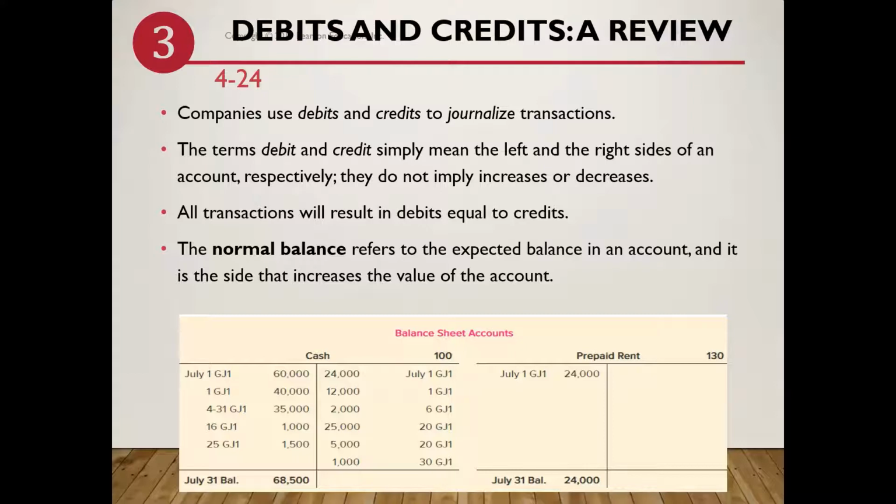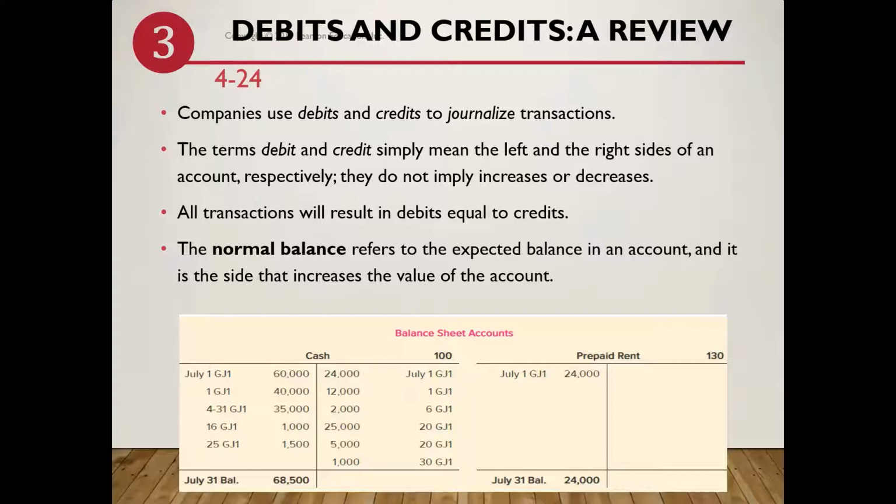Note that each account shows the balance that we call a normal balance. The normal balance refers to the expected balance in an account, and it is the side that increases the value of the account.